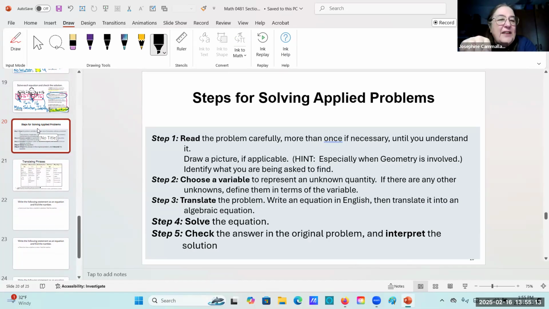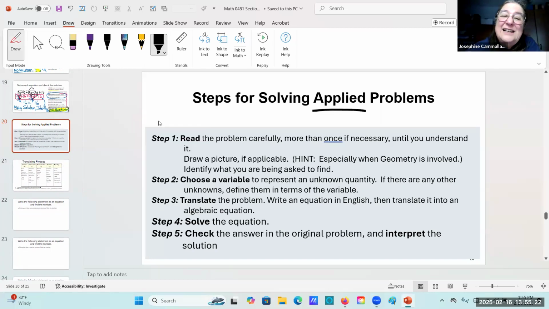But this is going to be steps for solving. And this, when they say applied, they're talking about story problems.